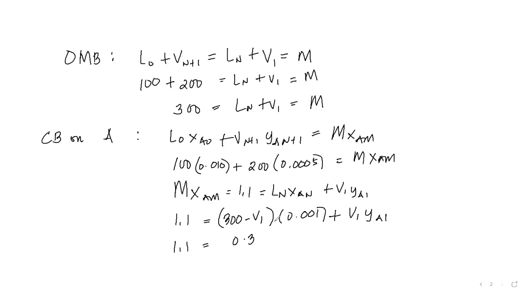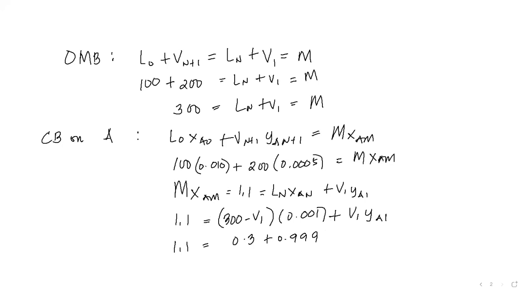And you have this V1 minus here, so 1 minus 0.001. So that would be 0.999. Nonetheless, by the way, class, we cannot combine this to V1 because this one has an unknown YA1.